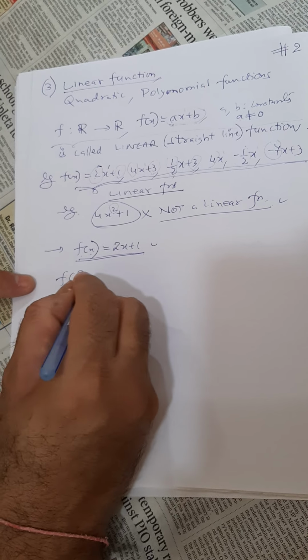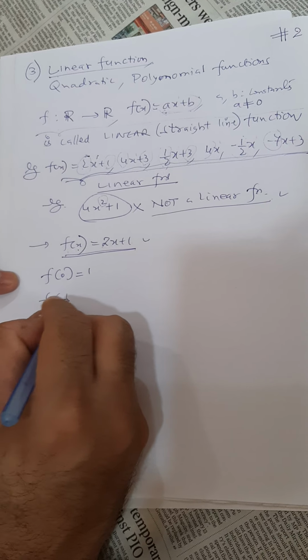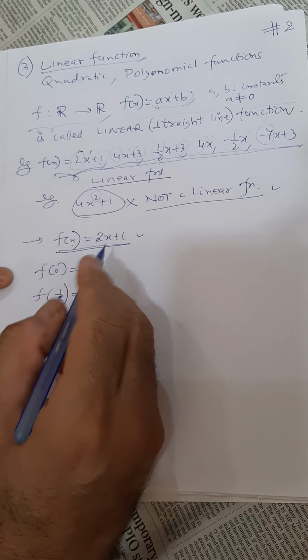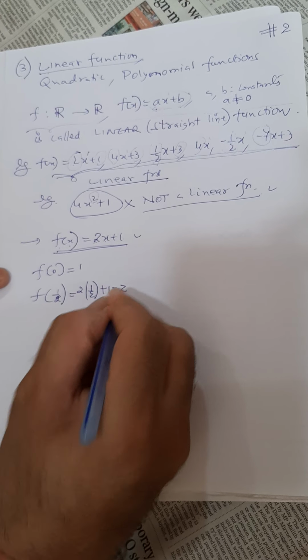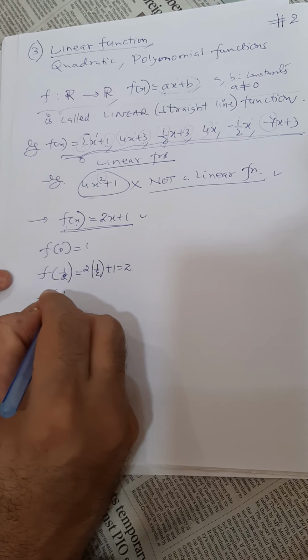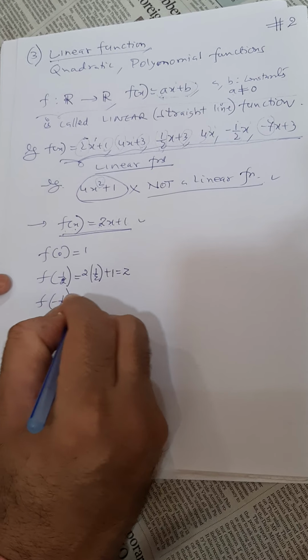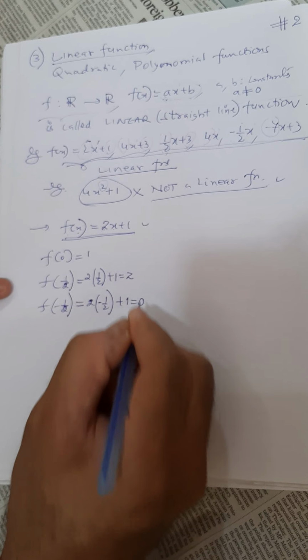So f of 0 is 2 into 0 plus 1, that is 1. f of 1 by 2 is 2 into 1 by 2 plus 1, which is 2. Your domain is real numbers, so you can choose any number. If I take minus 1 by 2, then 2 into minus 1 by 2 plus 1, which is 0.